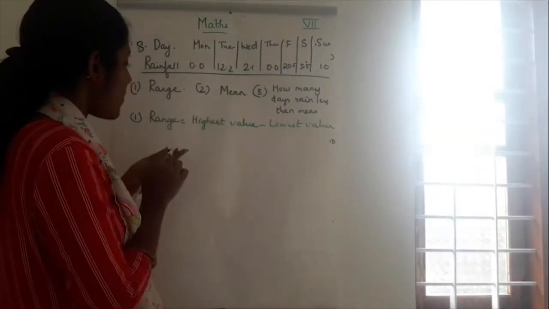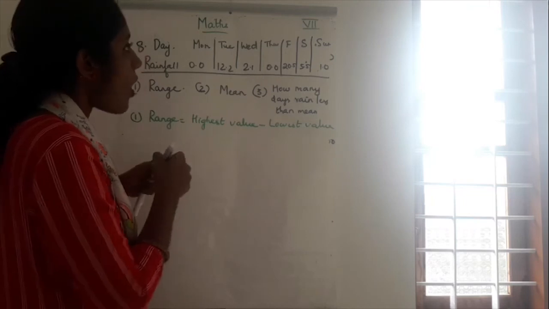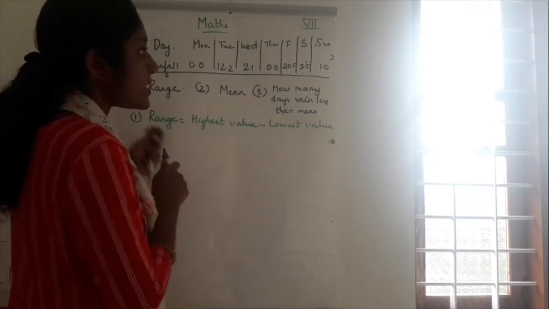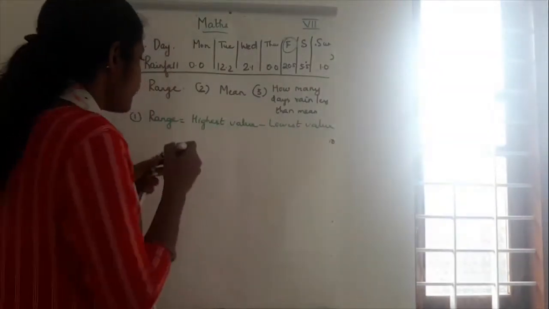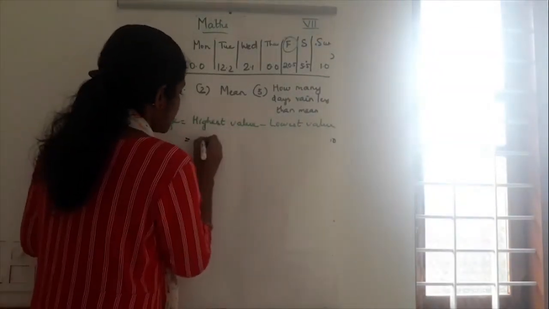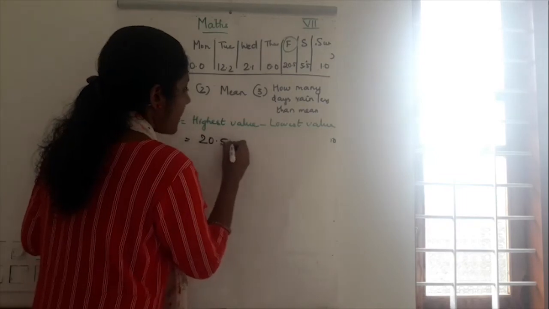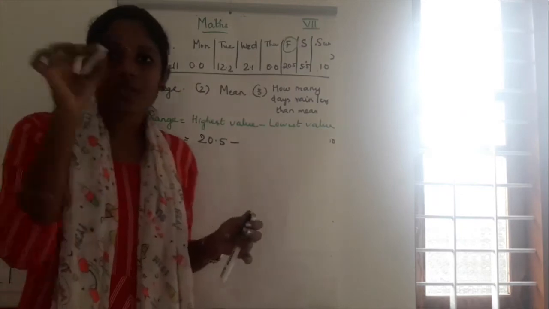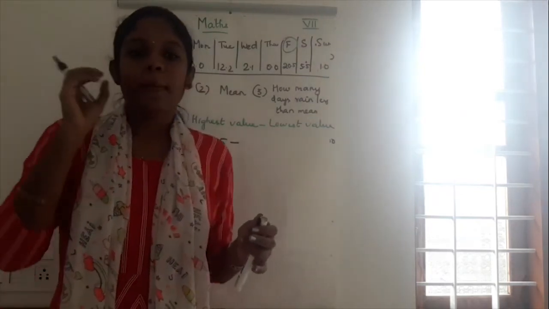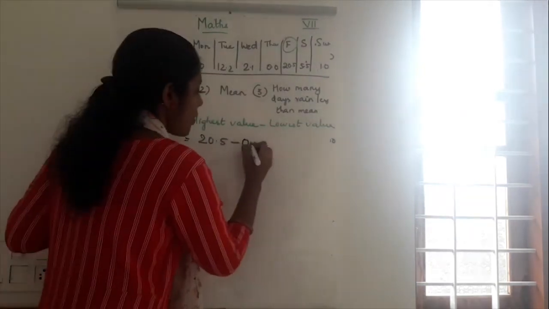Here the highest rainfall is on which day? It is on Friday, that is 20.5. So the highest value is 20.5 minus the lowest value. The lowest is on Monday. You see 0.0, there was no rainfall on Monday. So the lowest value is 0.0.